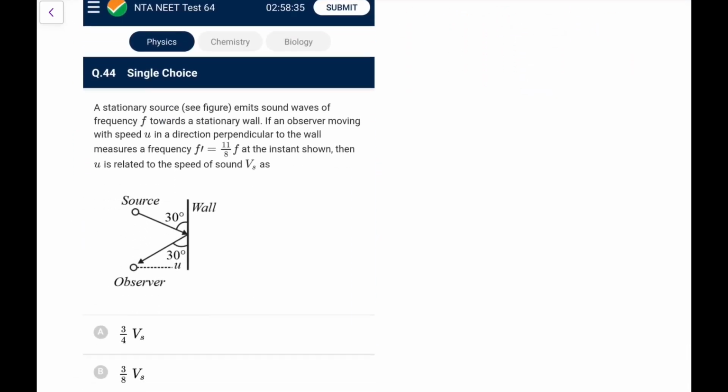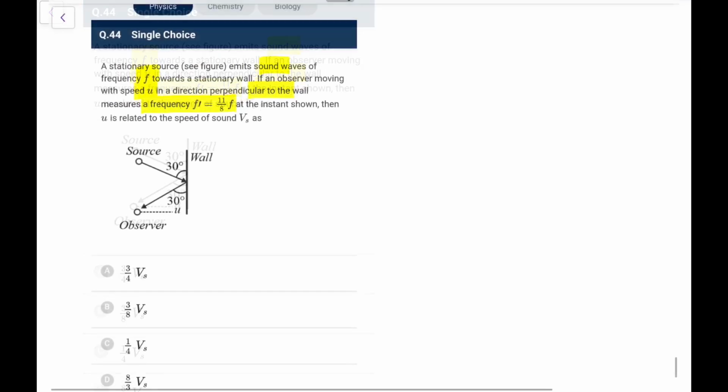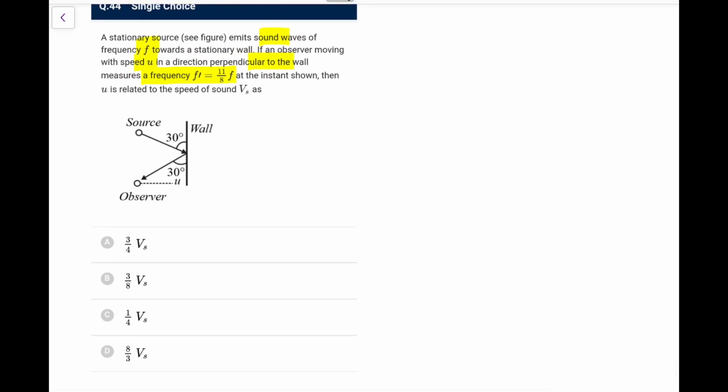So this is the way we do the beats question. Next one: a stationary source emits sound waves of frequency f towards a stationary wall. An observer moves with speed u in a direction perpendicular to the wall and measures the frequency. At the instant shown, u is related to the speed of sound v as? Because the source and wall are at rest, the frequency received by the wall will be the same as f.